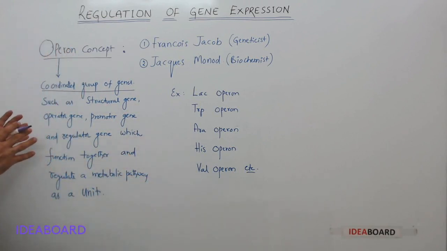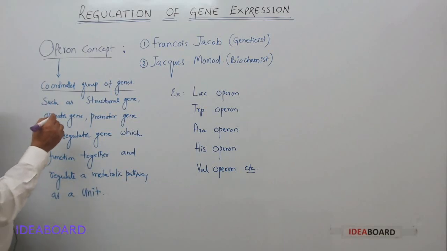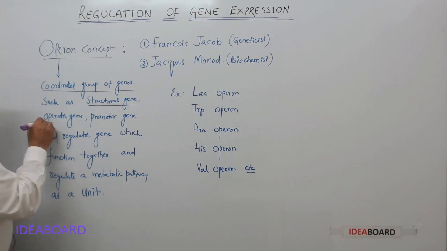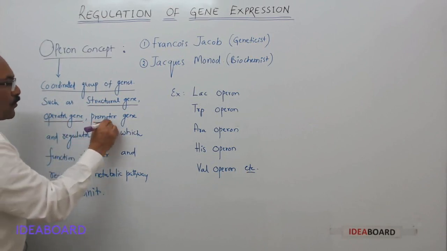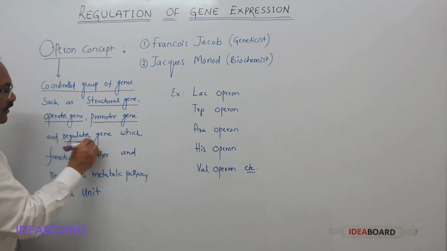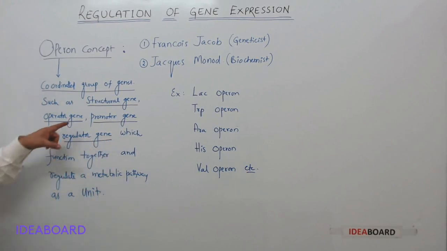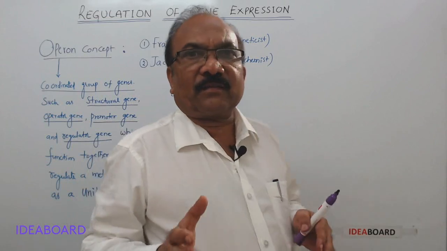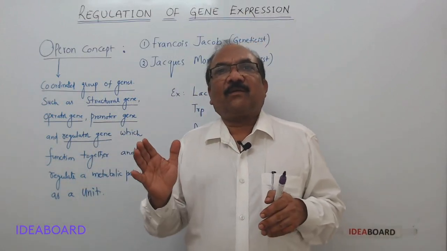It is a coordinated group of genes, and the group includes a structural gene, operator gene, promoter gene, and regulator gene. And all of them function together and regulate a metabolic pathway.